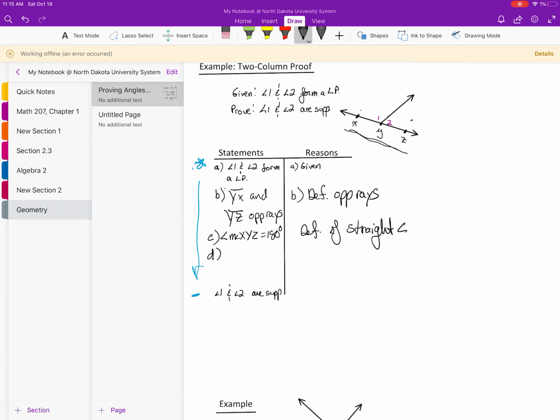All right, now what? Well, the measure of angle XYZ happens to equal the measure of angle 1 plus the measure of angle 2. And how do we know that?